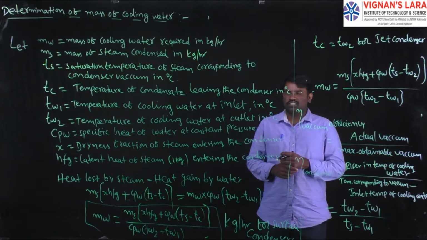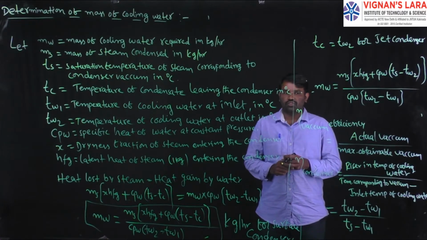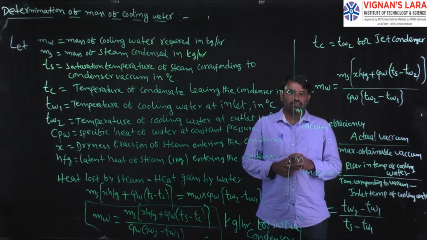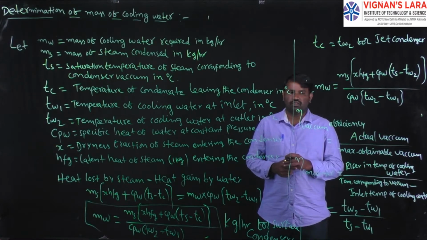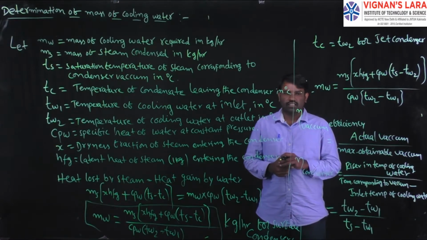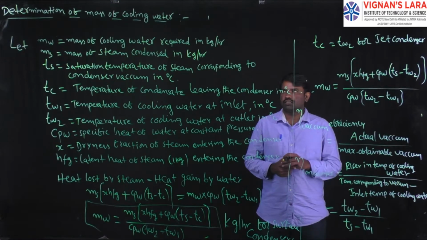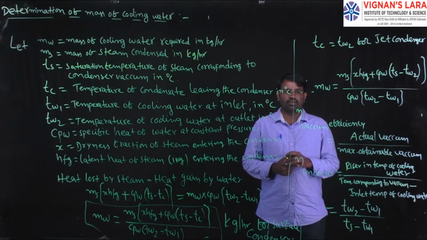That exhaust steam enters the steam condenser because inside the steam condenser we are maintaining vacuum pressure. Because of that low pressure, the steam enters the condenser device. After the exhaust steam enters the condenser, we have to condense that steam into water with the help of cooling water temperature.